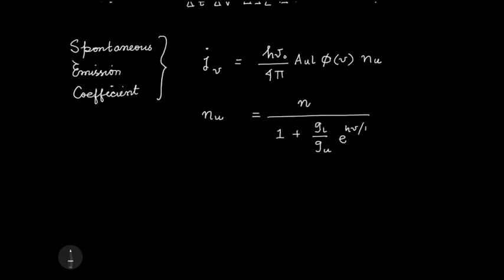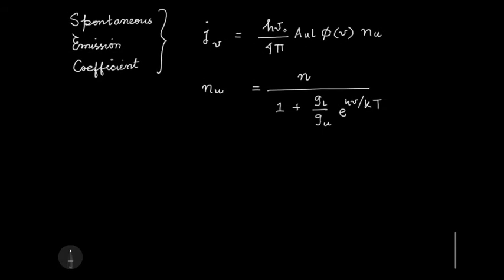This is very straightforward, so I am not attempting to do it here. You can even do it in your head. So once you use that, then the spontaneous emission coefficient can be written in terms of the number density itself. And this is also nu naught.